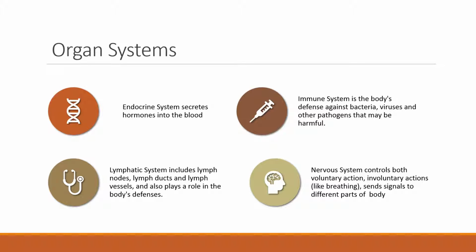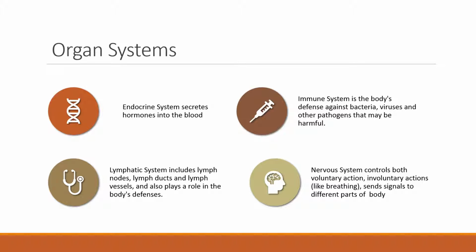The immune system, another organ system, it's the body's defense against bacteria, viruses, and other pathogens that might be harmful. The lymphatic system, it includes lymph nodes, lymph ducts, and lymph vessels, and it also plays a role in the body's defense. The nervous system.